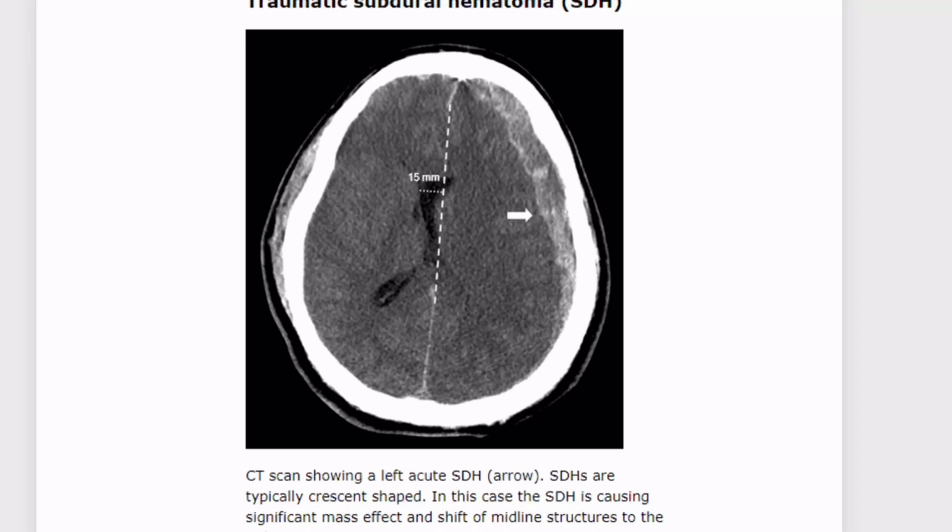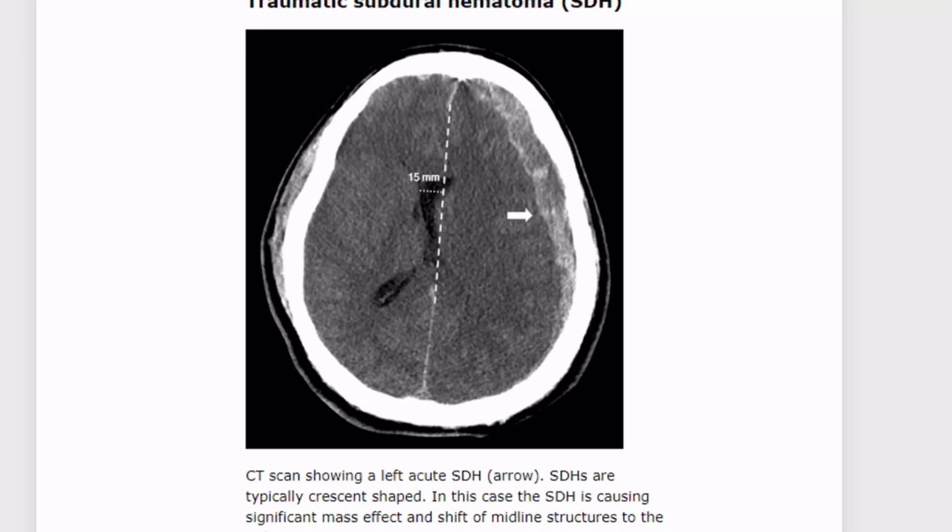This is on the left, and it is hyperdense, suggestive of subdural hemorrhage, which has a crescent shape. At the septum pellucidum, you can see there is a midline shift of 15 mm. So there is mass effect too, and this patient requires immediate surgical intervention.